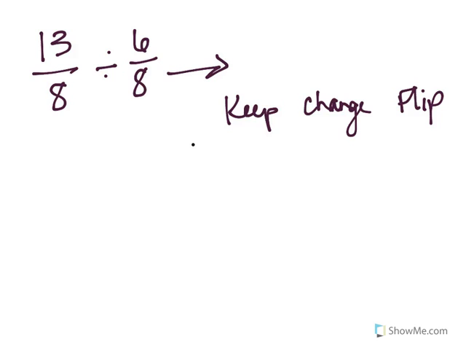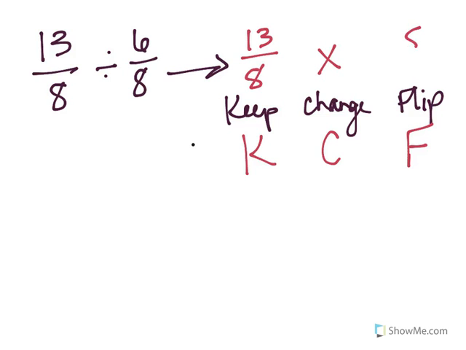And then teammates, we can remember that we can check our quotient by doing a standard algorithm, which is multiplying by the reciprocal, or what we refer to as keep, change, flip. So I'm going to keep my first fraction. I am going to change the operation, and I'm going to flip the second fraction.